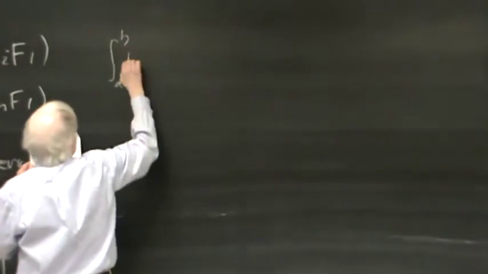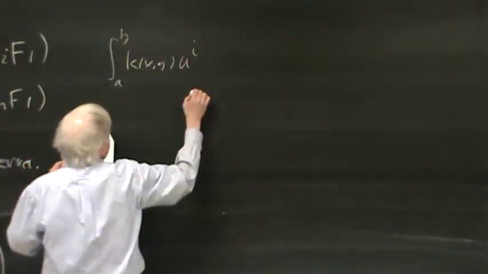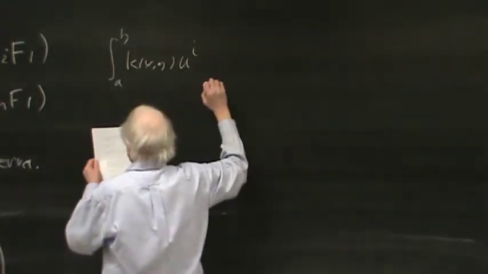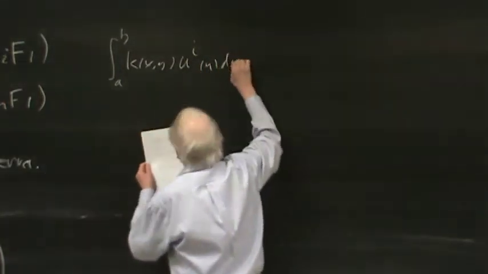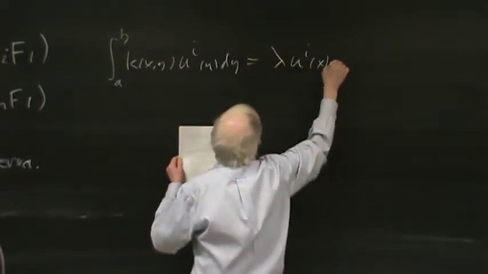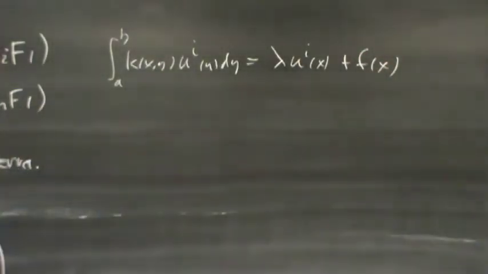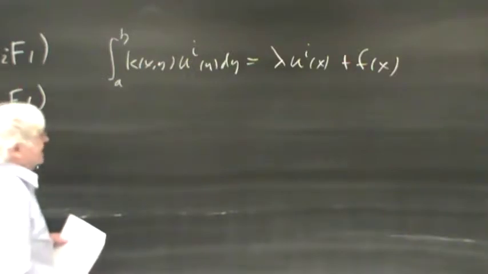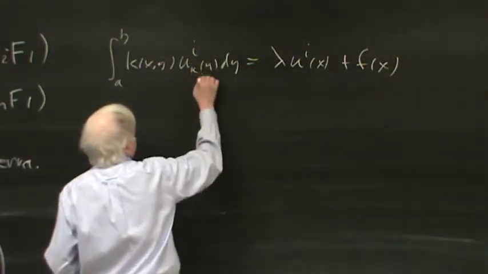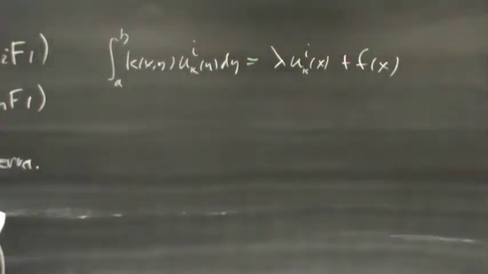So we have the integral of k of x and y, u inhomogeneous, I'll just call it ui of y, dy, is equal to lambda u inhomogeneous of x plus f of x. So now this is an inhomogeneous Fredholm equation of the second kind, and we have ui as a solution. And then, actually I do need to put an index. I'll put an index k here. So suppose you have several solutions of the inhomogeneous equation.